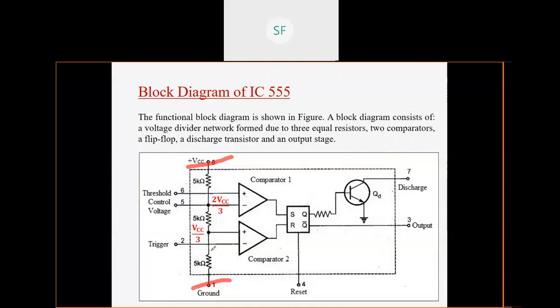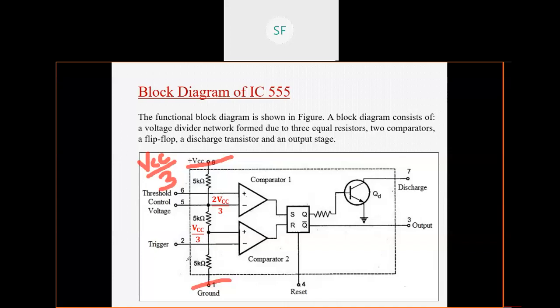So all these 3 voltage drops will be exactly equal, and hence the total VCC voltage will get dropped across 3 resistors. That means VCC by 3 voltage will be dropped across each resistor.